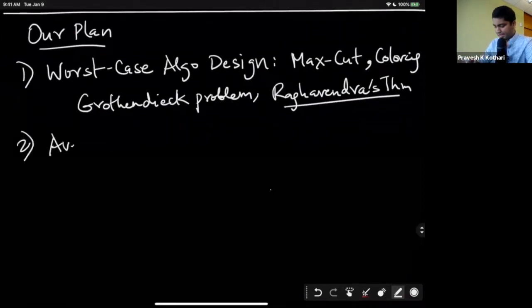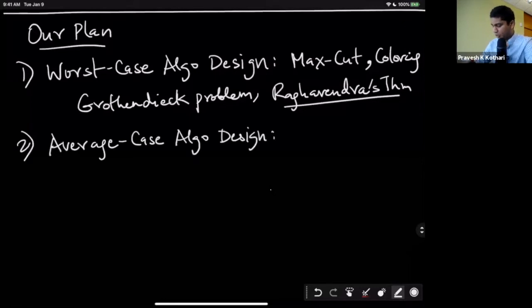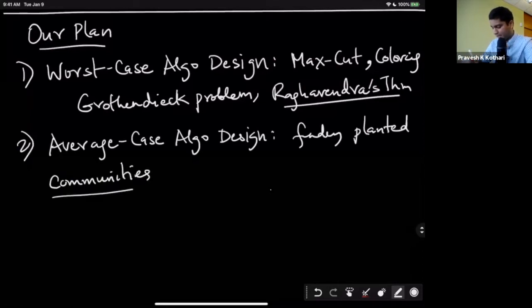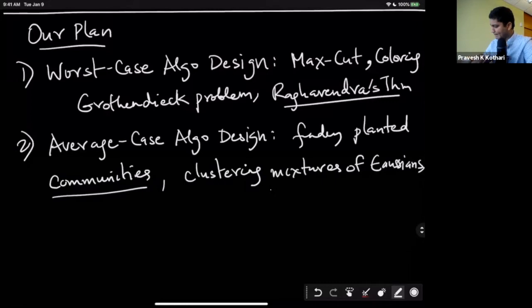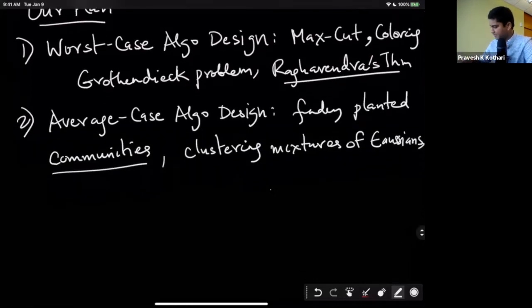Then we'll see some aspects of average case algorithm design, as I was just mentioning. We'll study problems like finding planted communities, or, if you have heard about it, the stochastic block model, which is an example of this. We're going to look at problems that arise in machine learning and statistics, like clustering mixtures of Gaussians, and other related problems.